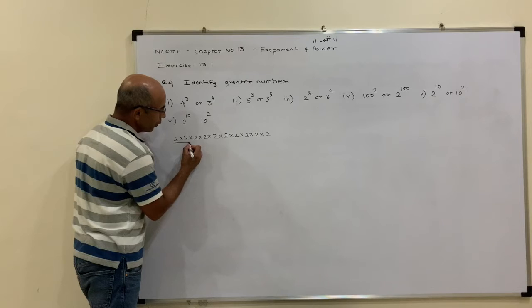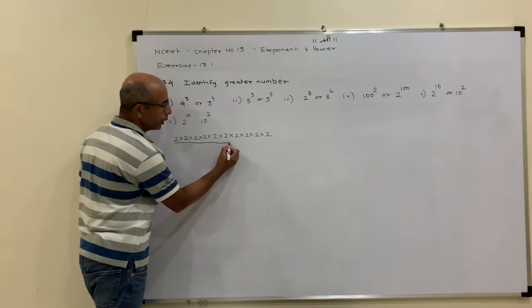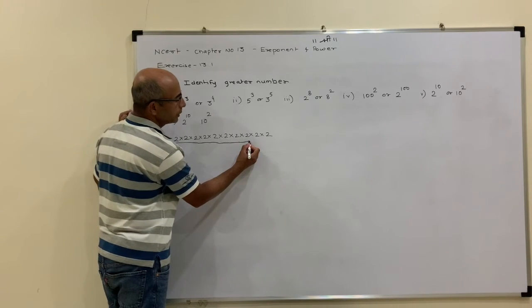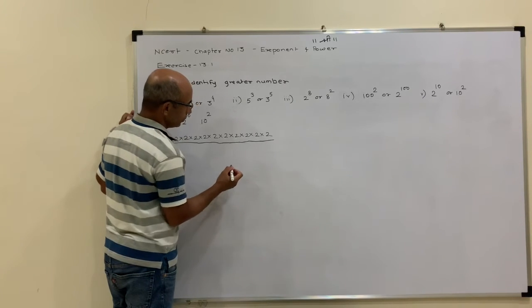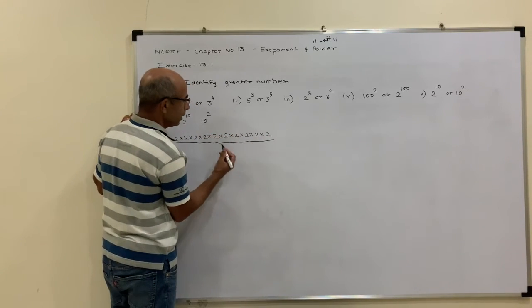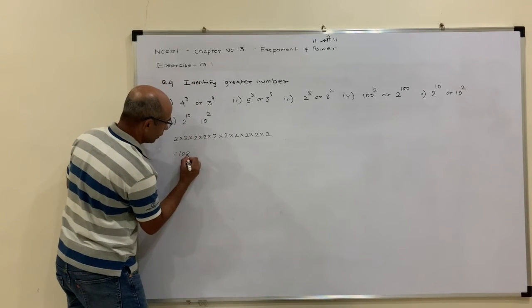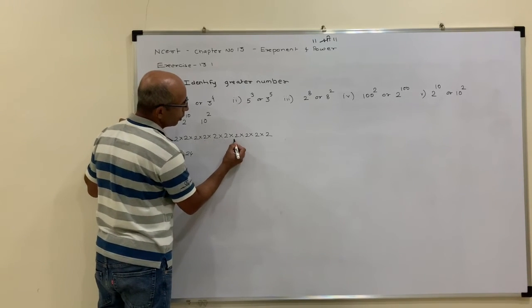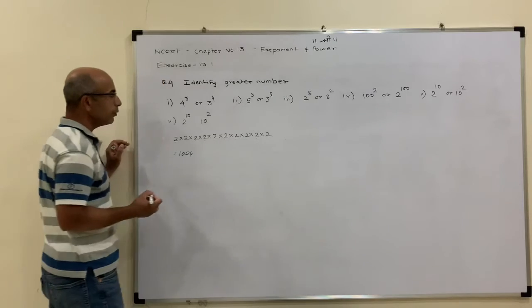2 into 2, 4, 4 to the 8, 8 to the 16, 16 to the 32, 32 to the 64, 64 to the 128, 128 to the 256, 256 to the 512, 512 to the 1024. So 2 raised to 10 comes out to be 1024.